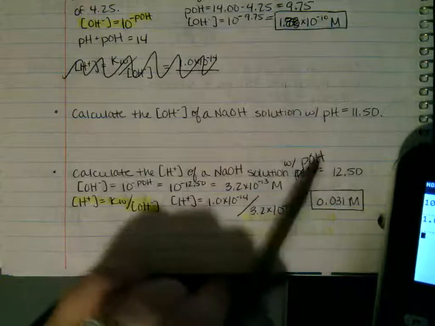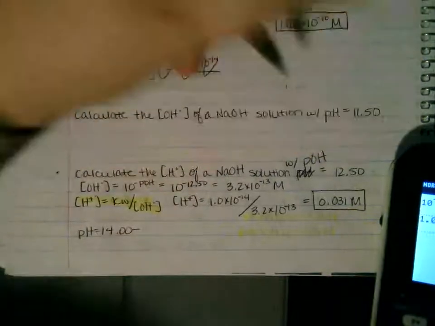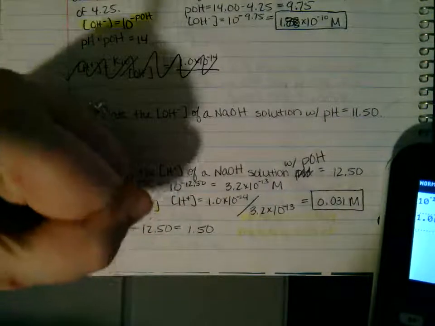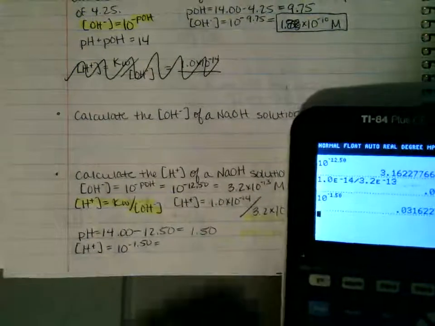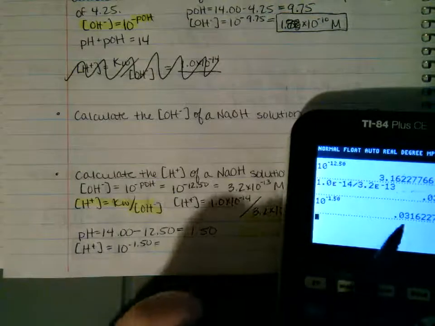Okay, or now you could do the subtraction and you would say your pH is 14 minus that original pOH. And then you could say your hydrogen ion concentration is 10 to the negative pH. And you would get very similar answer, right?